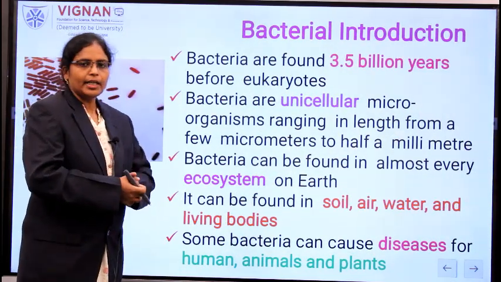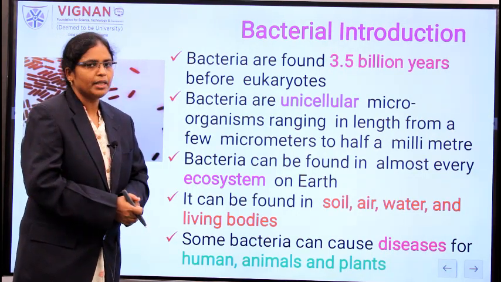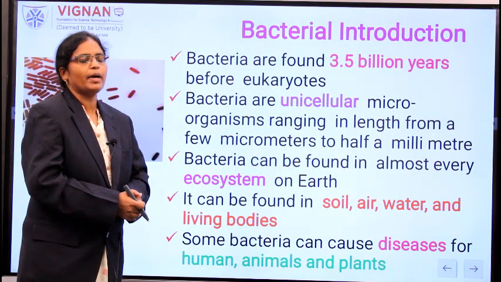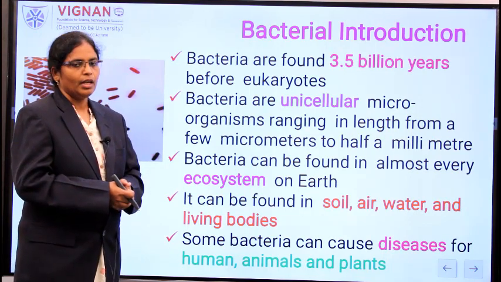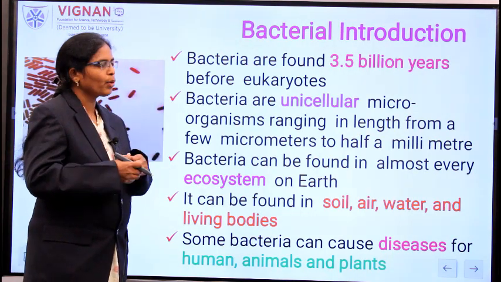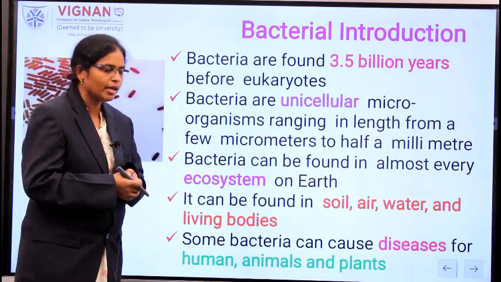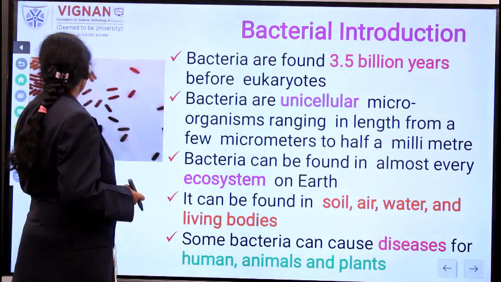Now see the bacteria, these bacteria evolved around 3.5 billion years ago. That means these bacteria have been dominating the earth till now. Even before the evolution of eukaryotes, these single-celled prokaryotic organisms evolved first on earth, and these are unicellular in structure.